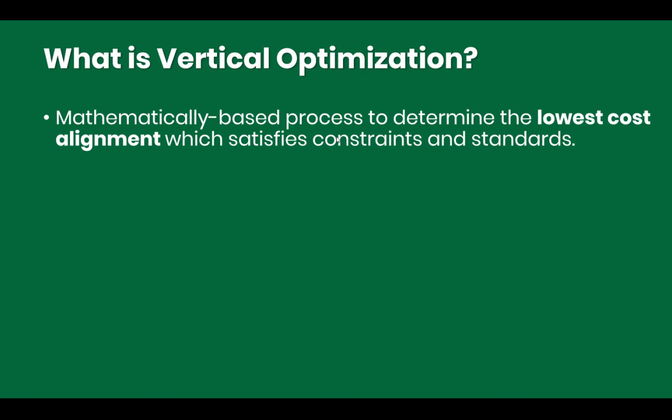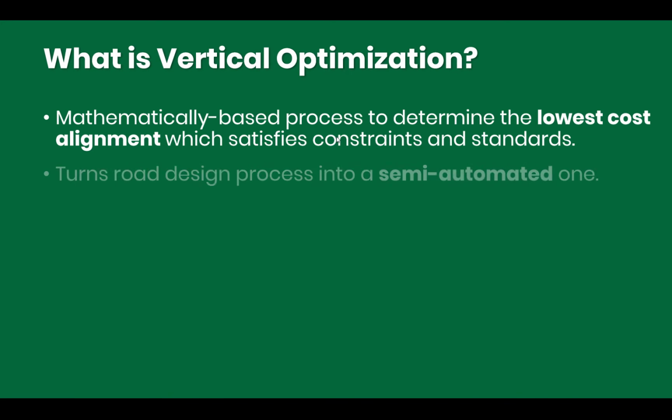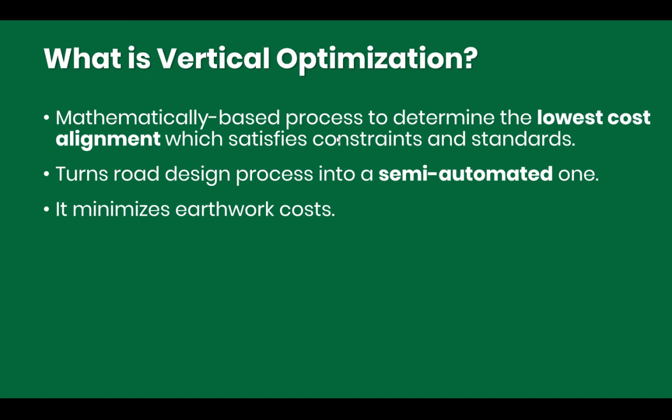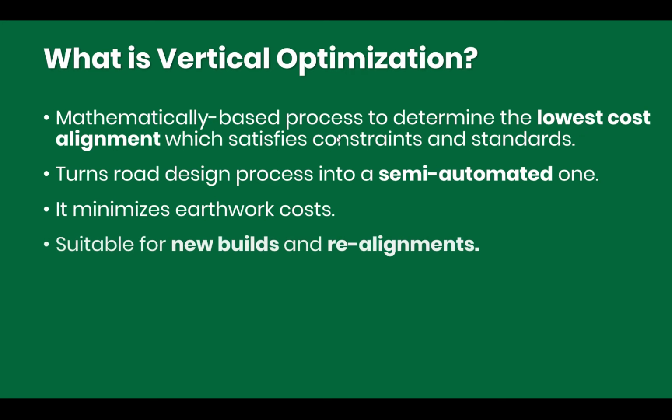So vertical optimization, again, very fancy math that's going to handle all of that. It's going to turn the next phase of road design into a semi-automated process. It is going to give you a true minimization of earthwork costs.